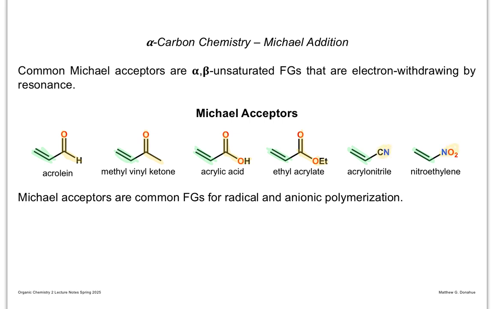Those yellow groups, we say they're electron withdrawing groups. So we saw that back with the aromatic chemistry. And so for an acceptor, you basically need an electron deficient alkene.